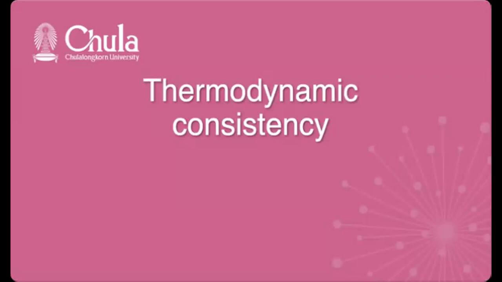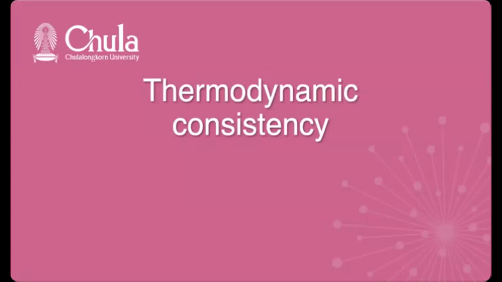Because if the data contains so many errors, finally we will obtain very bad parameters, parameters which cannot reflect the real behavior. So that question is what we call thermodynamic consistency.